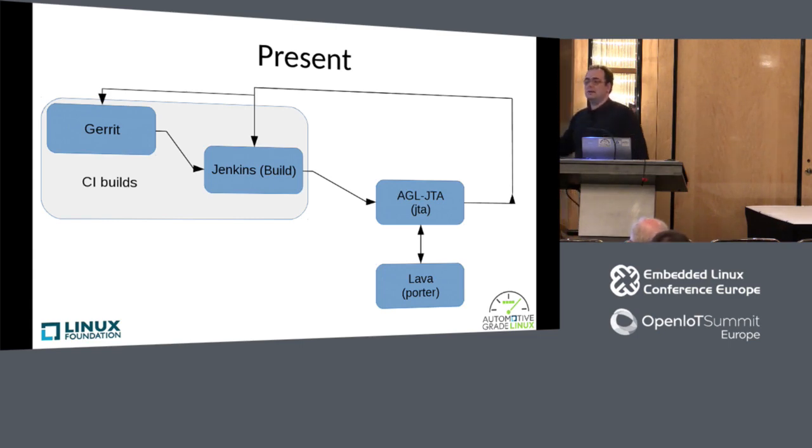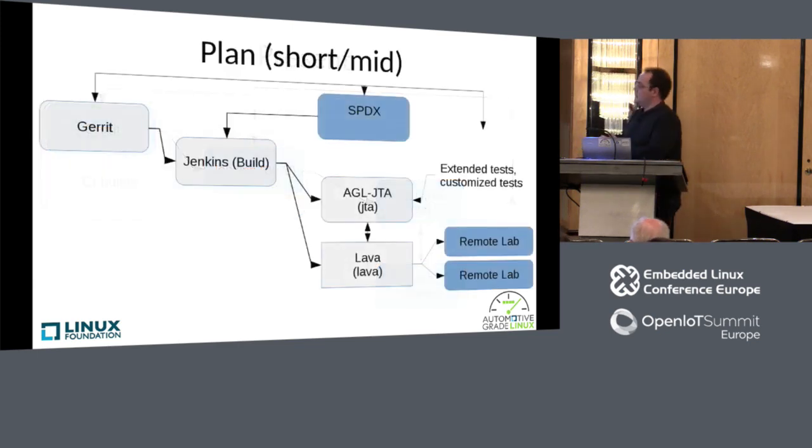So Jenkins will basically push a job to LAVA, request the board, and access it then. It runs the battery of tests, and we get the messages back in Gerrit. The plan is to have those remote labs, which we should be able to do now.